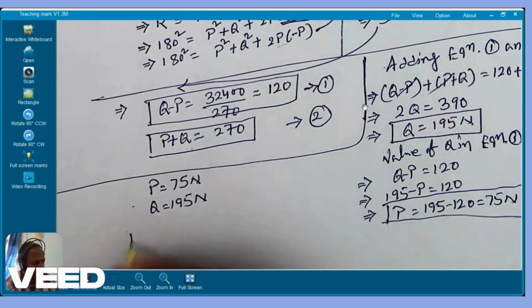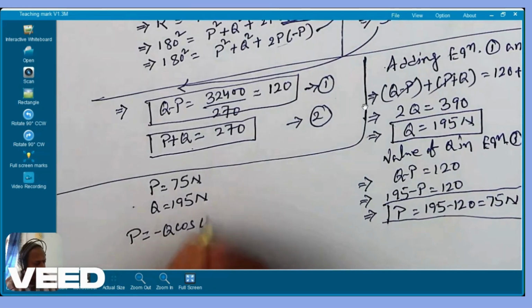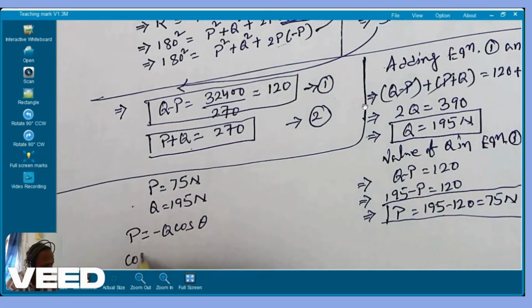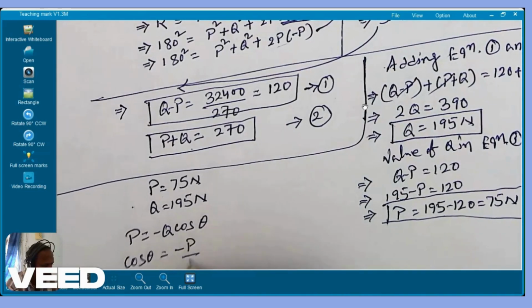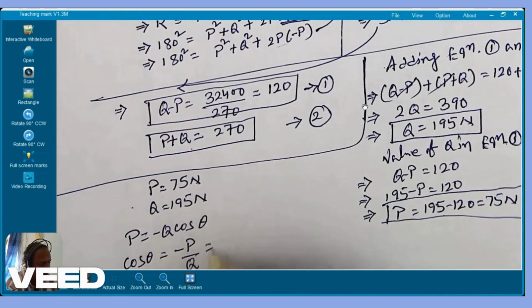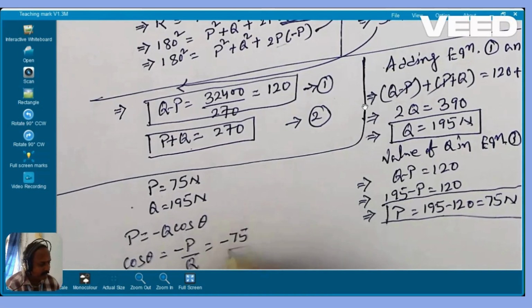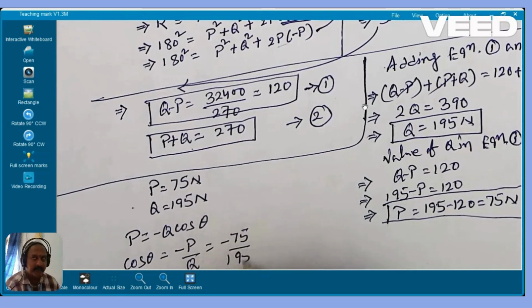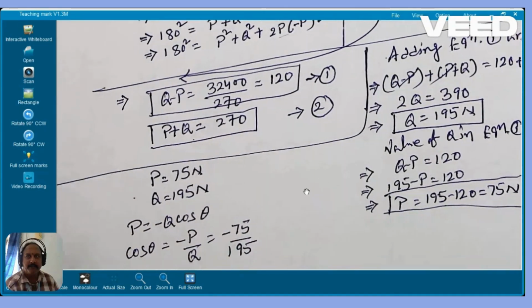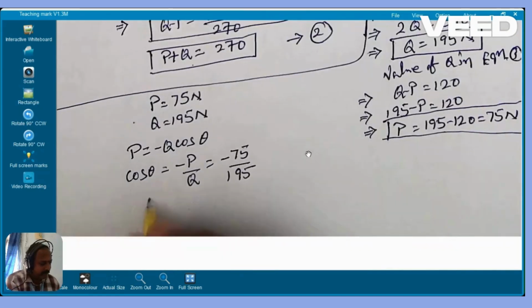So what was the equation? P is equal to minus Q cos theta. So what is cos theta? Cos theta is equal to minus P by Q. So what is P? That is 75 by what is Q? 195. Then we'll find the value of theta.